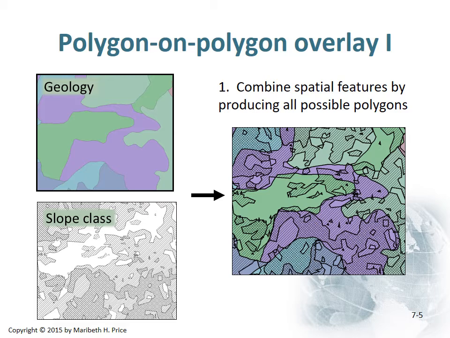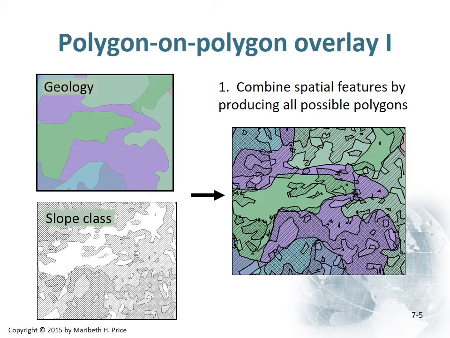So with polygon on polygon overlays, here we're combining geology and slope class. What we wind up with is all possible combinations of those things together, and the table will share information from both inputs and be broken up in such a way that we can analyze individual polygon characteristics that combine, in this case, the geological stuff, so the rock type, with the slope class, how steep is the slope.